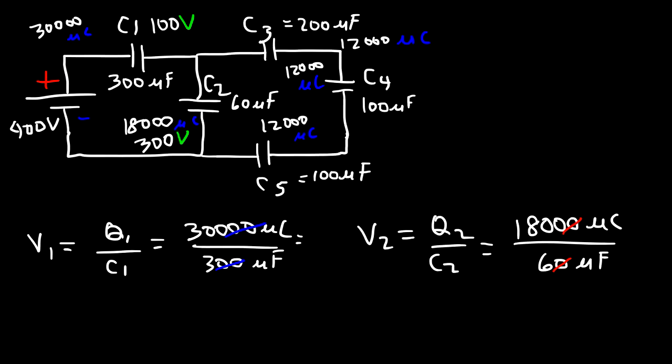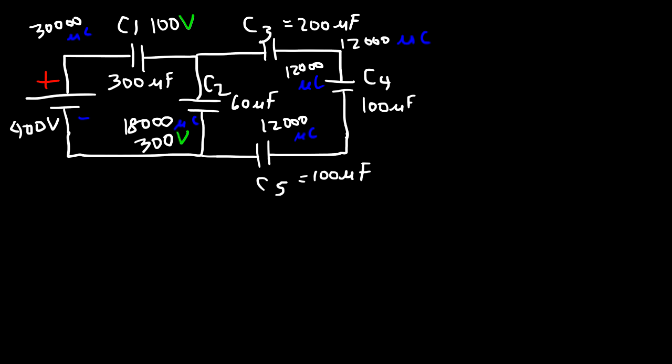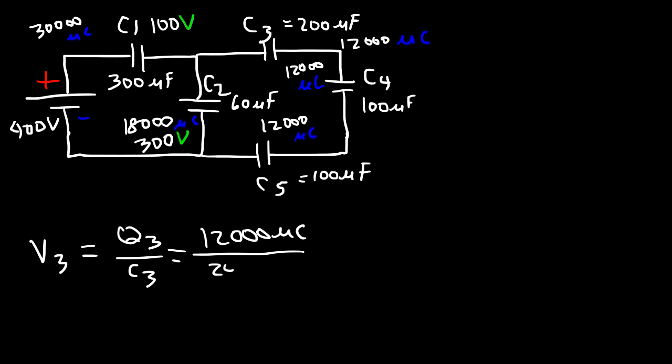Now let's calculate the voltage across C3. So V3 is going to be Q3 over C3. And so that's 12,000 microcoulombs divided by 200 microfarads. So the voltage across C3 is 60 volts.